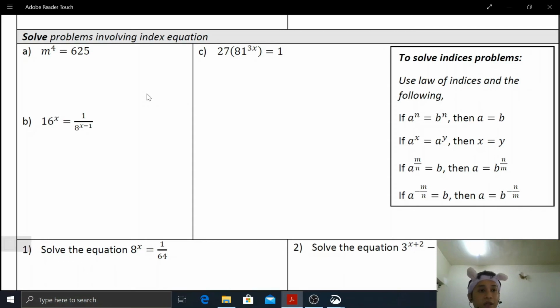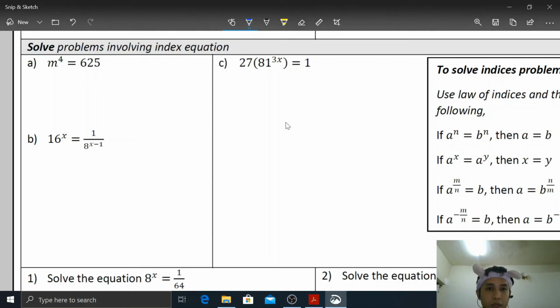Now the next part about indices is solve. Solving index equations. When you solve, we need to know the value of m, for example, or the value of x. We need to calculate how to get it.